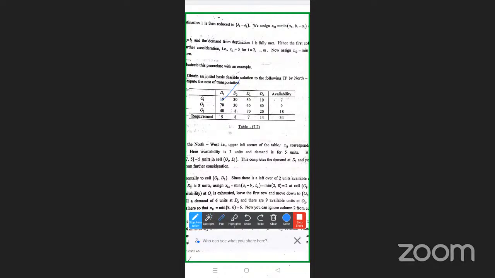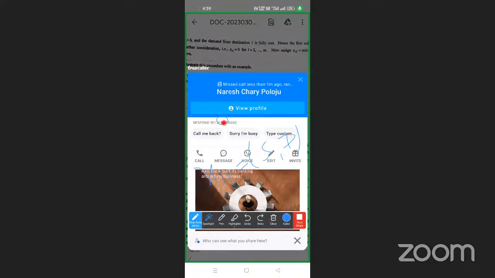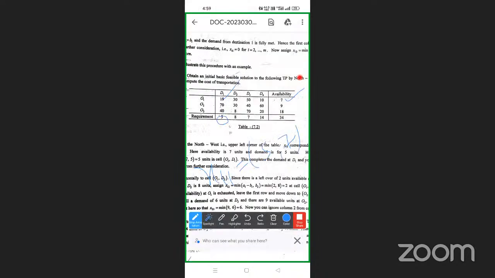In this northwest corner, row wise 7 is the availability and column wise 5 is the requirement. So x11 is equal to the minimum of 5 comma 7. The minimum is 5.